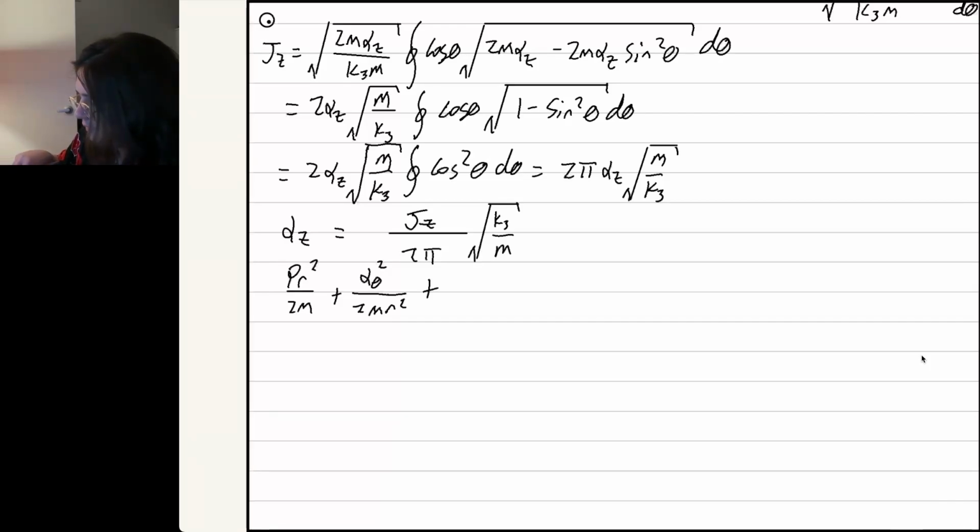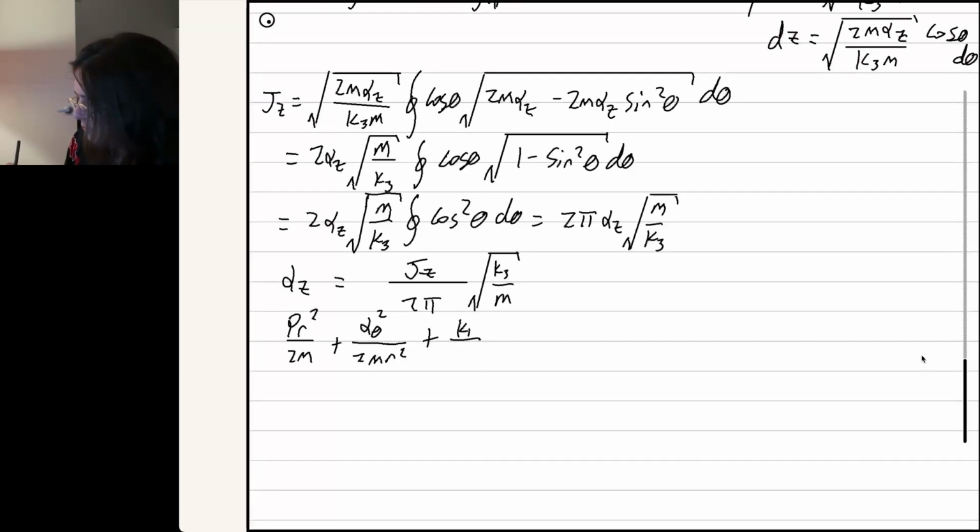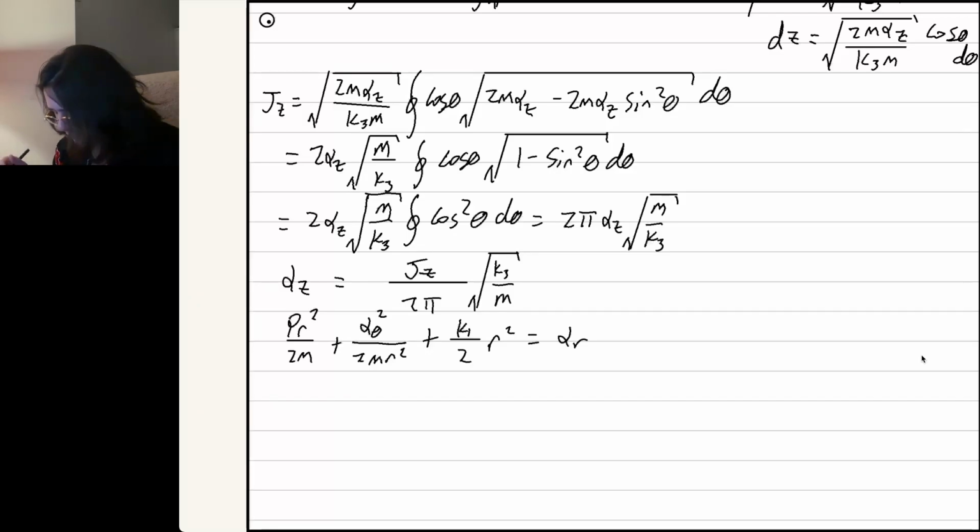It was just k1 over 2r squared. Yeah, k1 over 2r squared is equal to alpha r. And we're going to solve for this momentum.